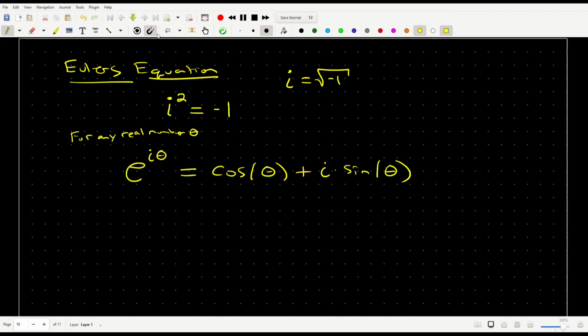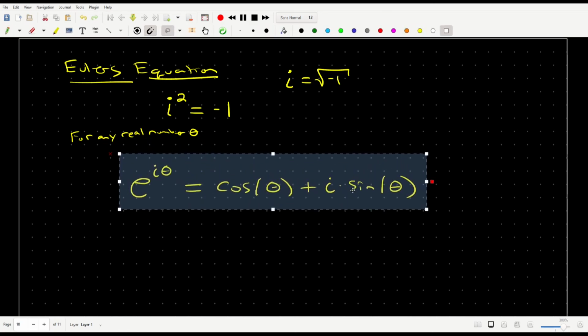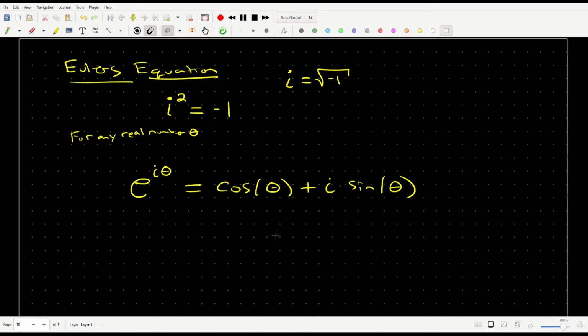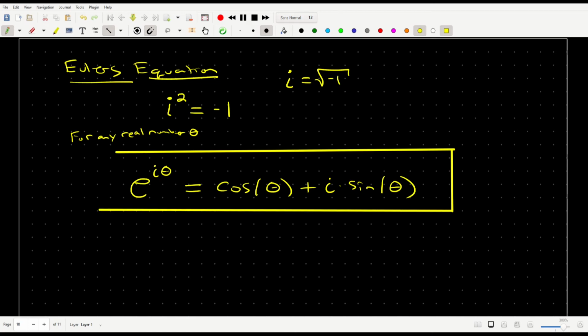And believe it or not, this equation is used so much in modern physics, modern engineering, from electrical engineering to modern physics, phasors, all sorts of areas. So this is a fundamental mathematical relationship that's very, very special.